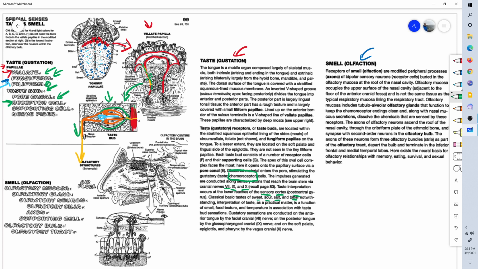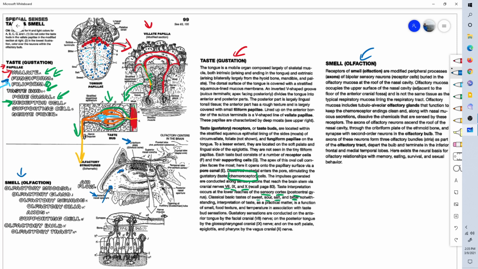Smell, or olfaction, is a sensation that occurs in the nose, or the nasal cavity. Of course, we know the air flows in through the nose on either side of the nasal septum, upward to the top of the nasal cavity to a place called the cribriform plate.